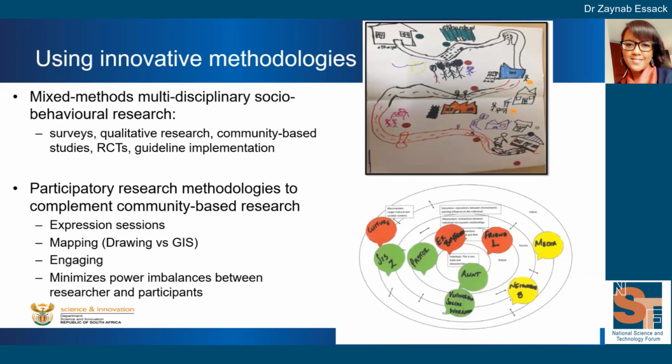Another such example, with some of our COVID vaccine hesitancy work, we use a method called expression sessions, and it's very flexible, very participatory. Participants are just asked to come with something that explains what their life experience is like at the moment.